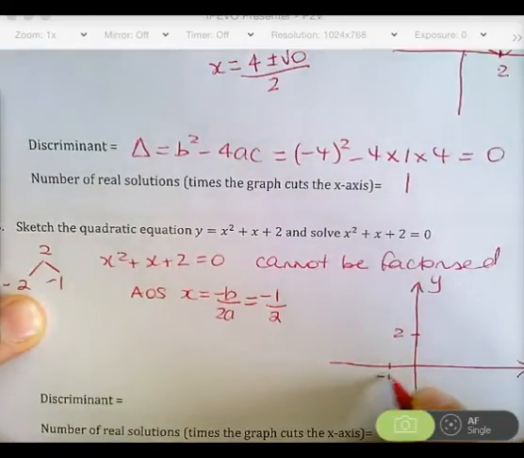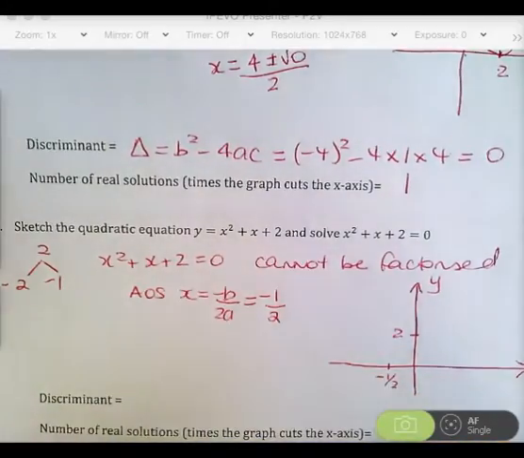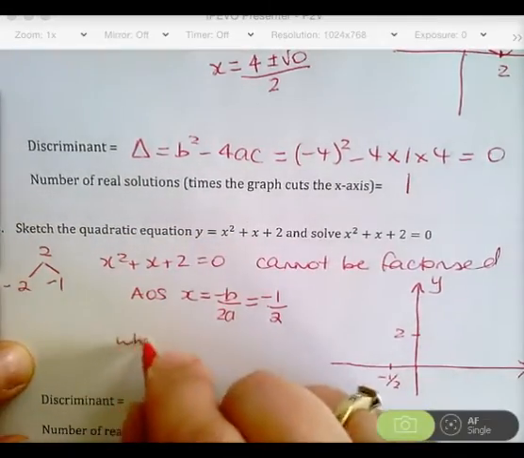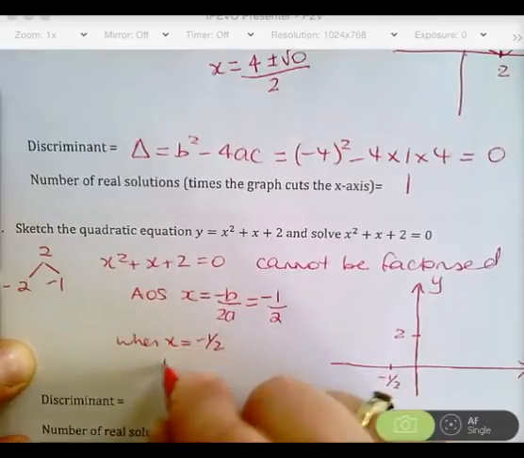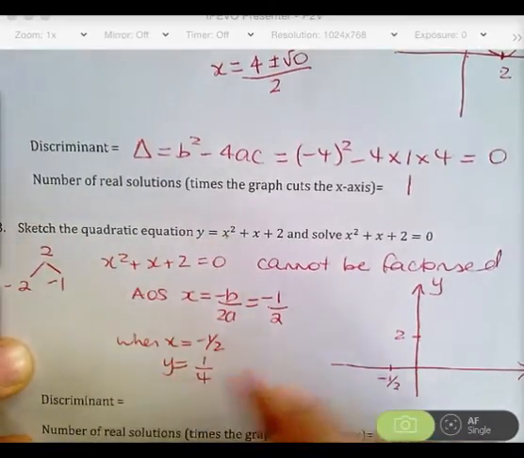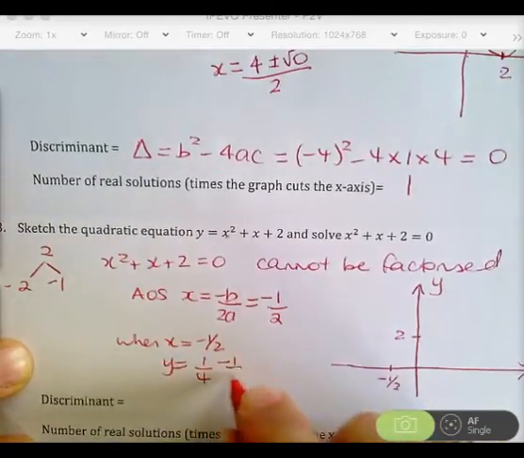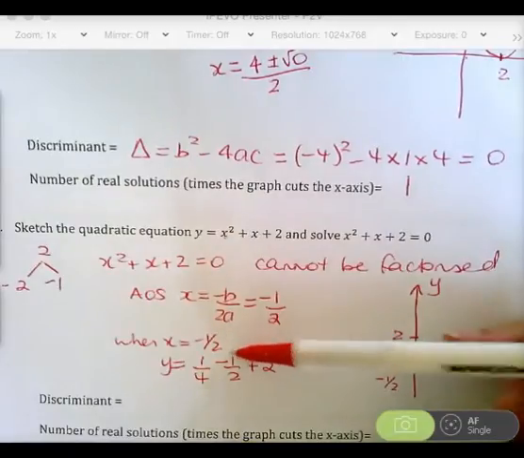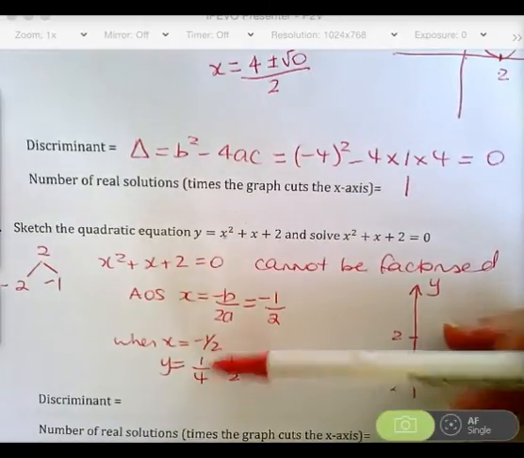It occurs at negative a half. Now, when x is negative a half, what is the y value? What's negative a half squared? A quarter plus negative a half, which is minus a half, plus 2. Well, girls, 2 minus a half is 1 1/2, plus a quarter, it's 1 3/4.